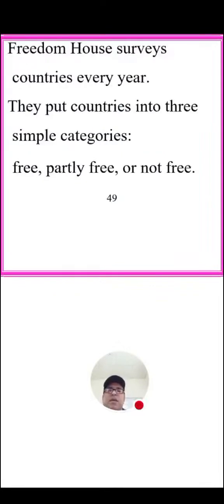Freedom House surveys countries every year. Has anybody seen Freedom House? It also publishes a famous and very influential journal, the Journal of Democracy.